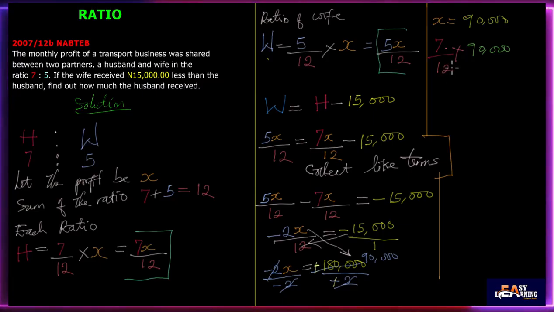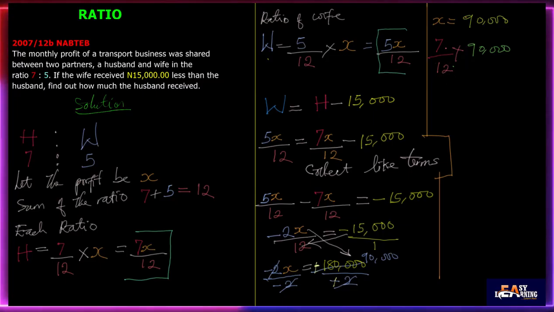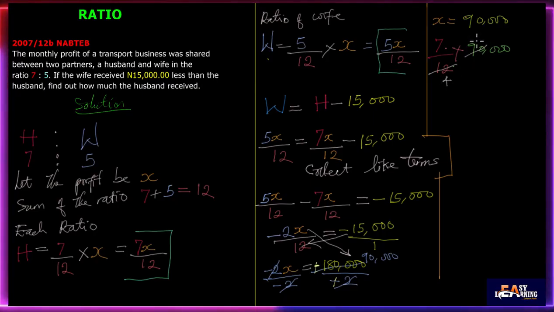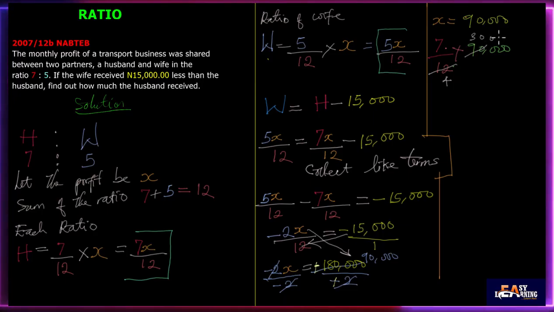Let's use 3 first. 3 will come into this 12 how many times? That will be 4 times. 3 will come into this 90. Let's break it down first. 3 will come into this 9 three times, and into the zeros, 0, 0, 0.